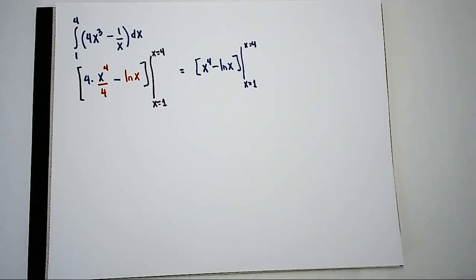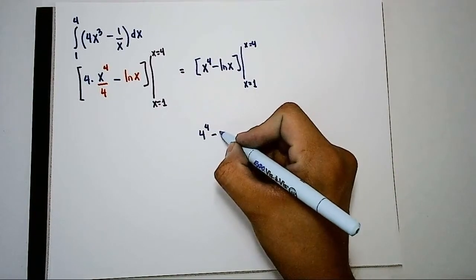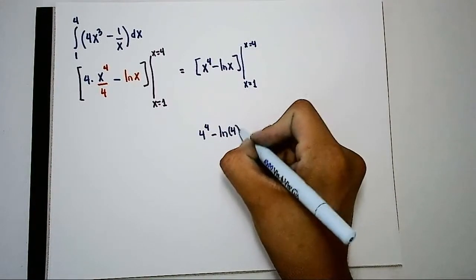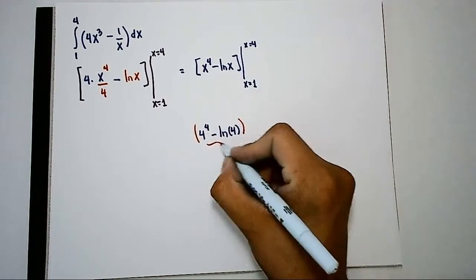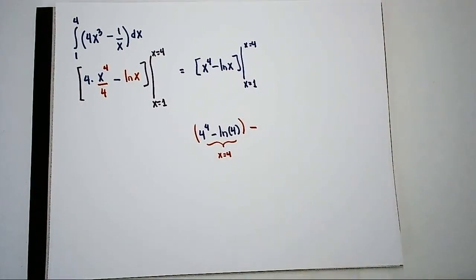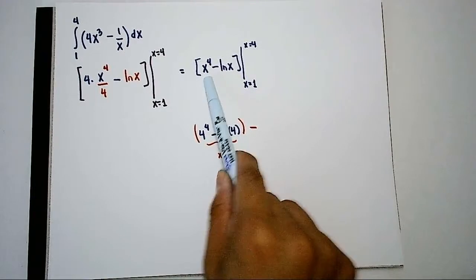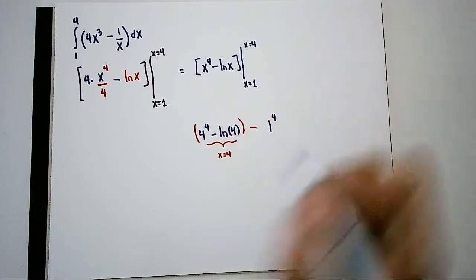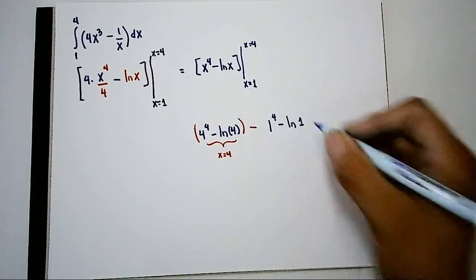Now let's replace the value of x equals 4, which is the upper bound. This will be 4 to the 4 minus natural log of 4. Minus, here we have x equals 1. This is 1 to the fourth minus natural log of 1.